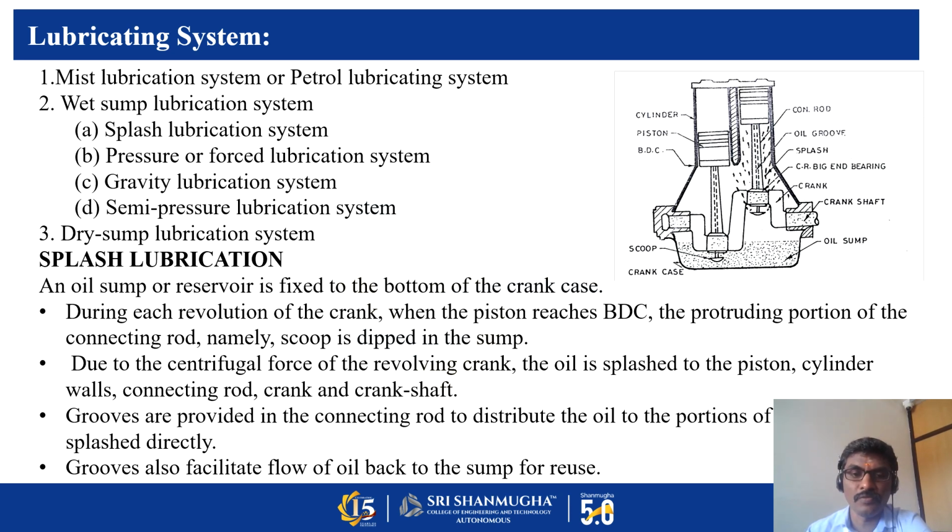Due to the centrifugal force of the revolving crank, the oil is splashed to the piston, cylinder valves, connecting rod, crank and crankshaft. Grooves are provided in the connecting rod to distribute the oil to the portions not splashed directly. Grooves also facilitate flow of oil back to the sump.